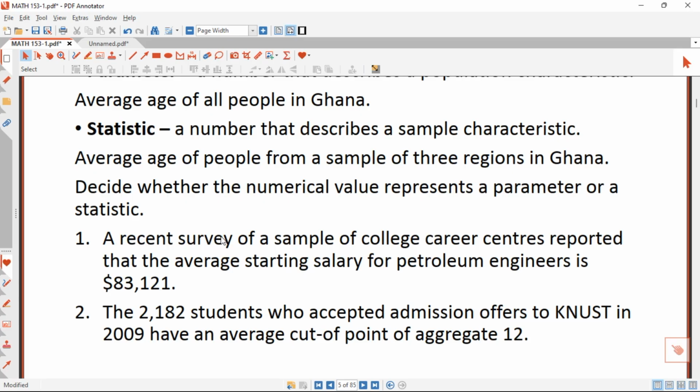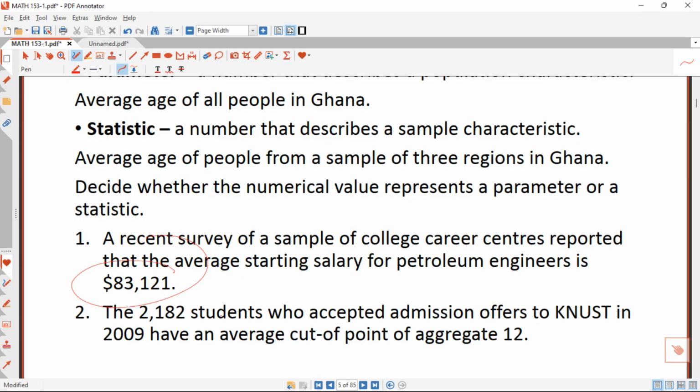A recent survey means they have selected some sample from all the college career centers that we have, and they are testing what the average salary is that petroleum engineers will collect.